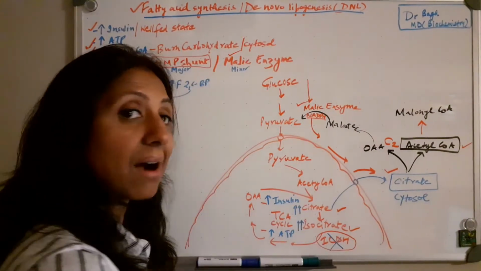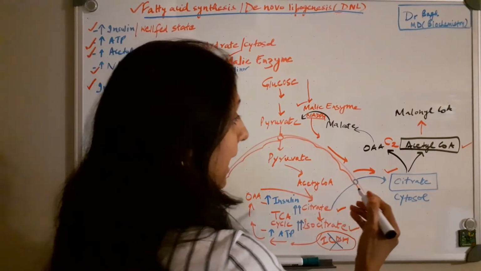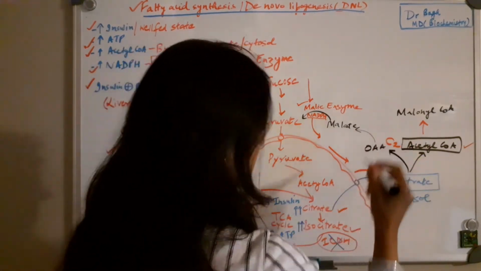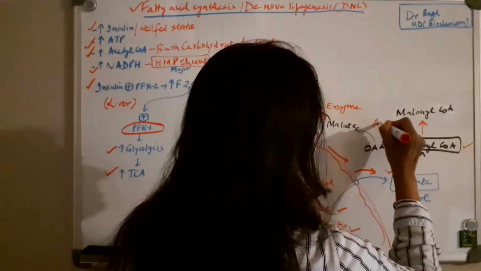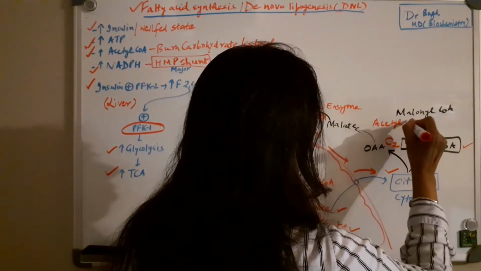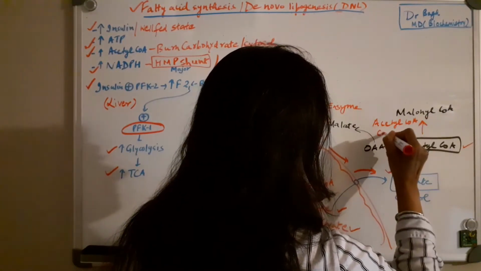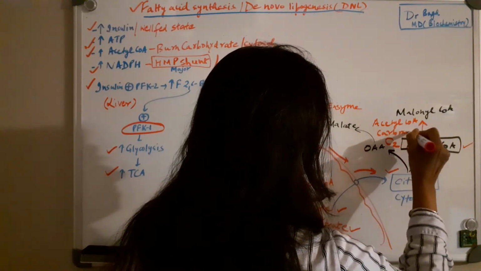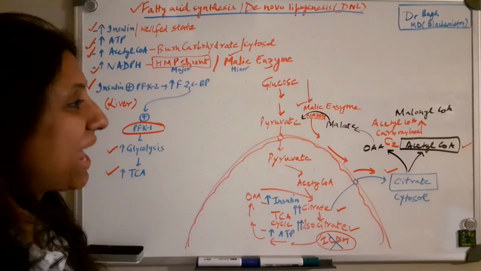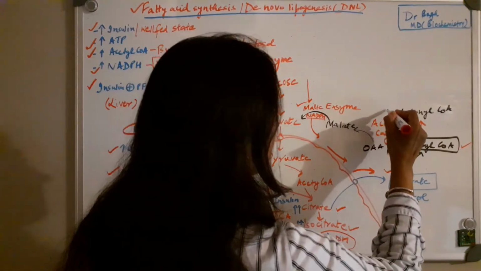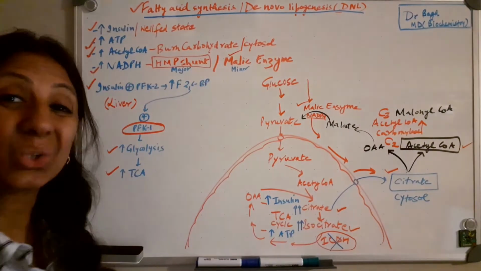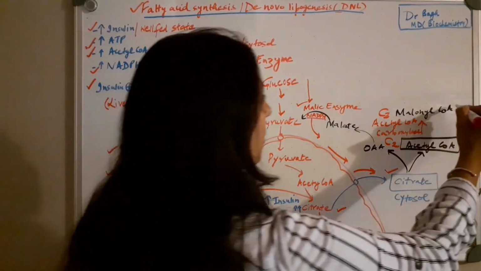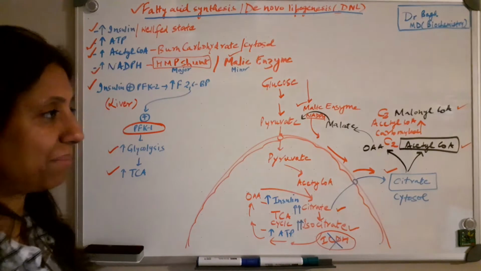Carboxylase adds carbon as carbon dioxide, and since the substrate is acetyl-CoA, can I label this enzyme as acetyl-CoA carboxylase? Why not? So the product is malonyl-CoA, a 3-carbon compound, whereas acetyl-CoA is a 2-carbon compound.